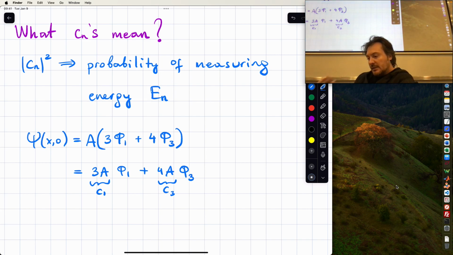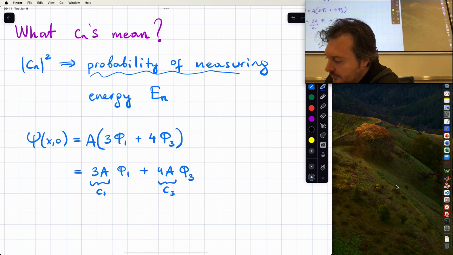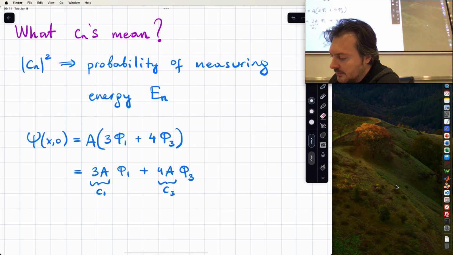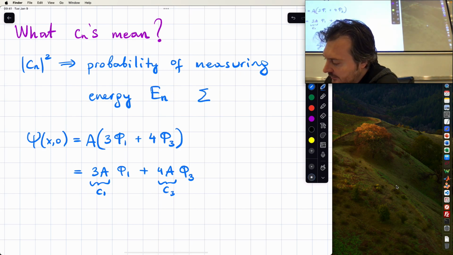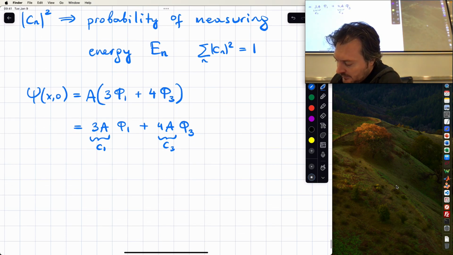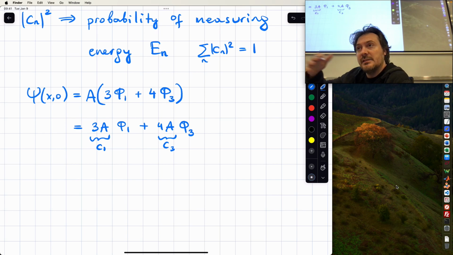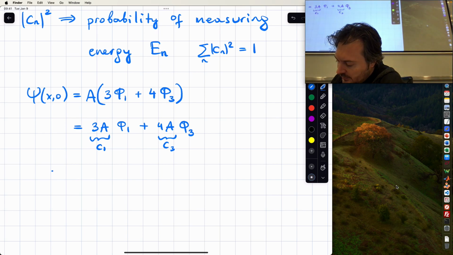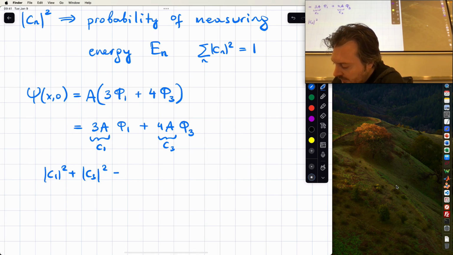So remember, this gives you the probability of measuring energy En. If it's a probability, then it has to sum up to 1. Does it make sense to everyone? Since C2, C4 are all 0, C1 absolute value squared plus C3 absolute value squared needs to be 1.